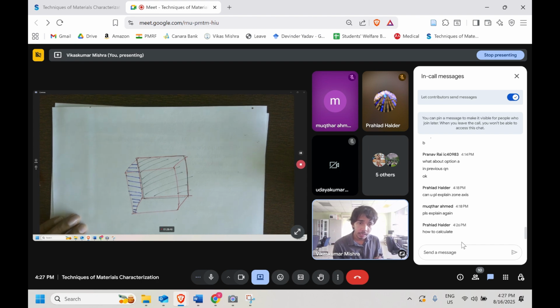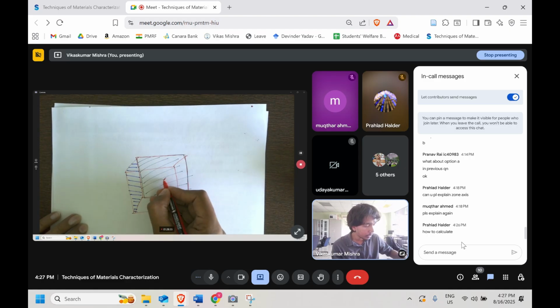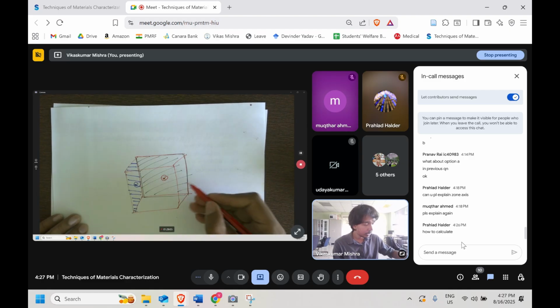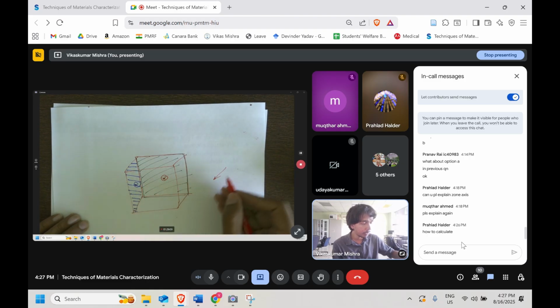How do we characterize a plane? We characterize the plane by its direction, right? The direction of the plane will always be perpendicular to it. So the direction of this red one is along this, and the direction of the blue one is along this.